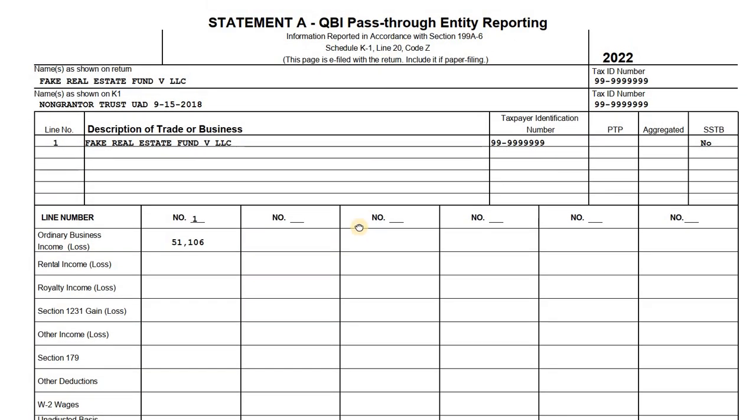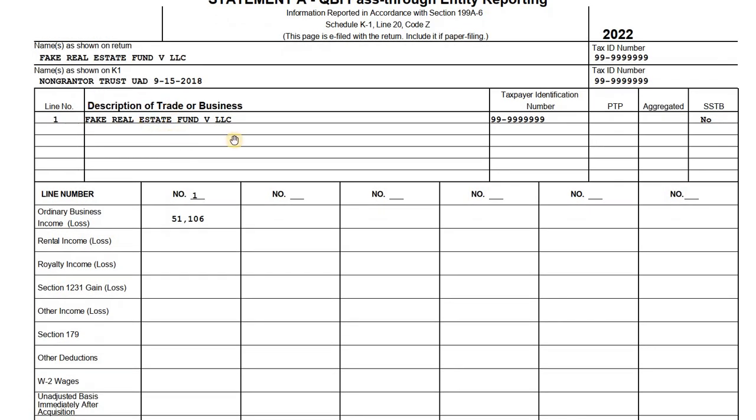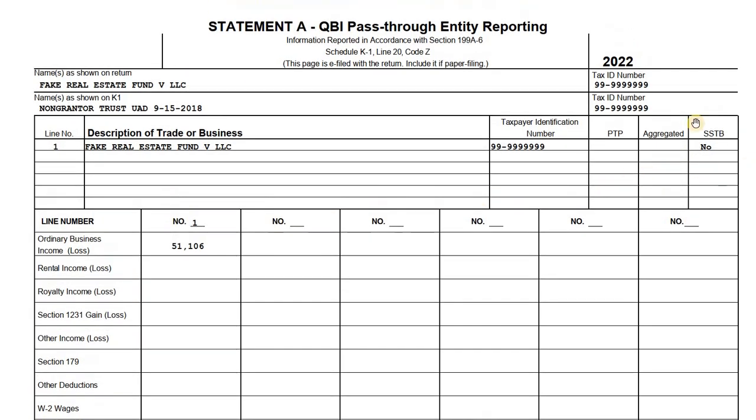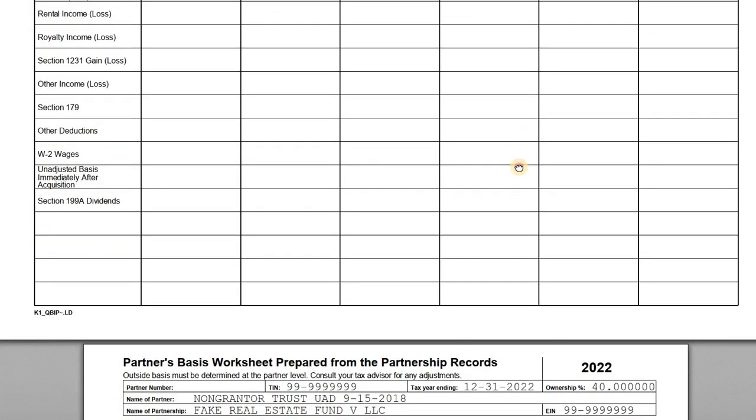So we can see here the sample QBI statement for the trust. We have a qualified business, right? Here's information on the fund. The amount of qualified business income or loss allocated to the trust is $51,106, right? So that's the line 1 amount. And we are reporting it as not an SSTB, so it's not a specified service, trade, or business.